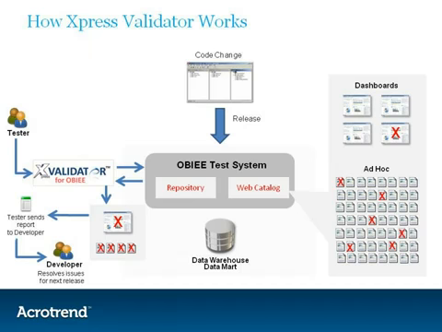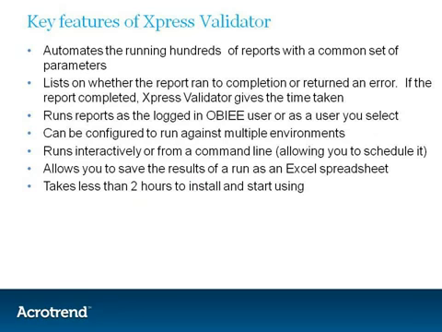So instead of a situation where the users are finding the problems, suddenly the development team is finding the problems and managing them. So let's just look at the key features of Xpress Validator.